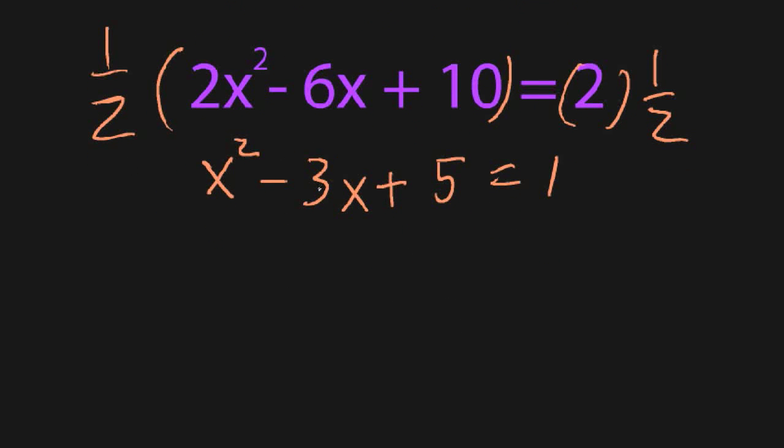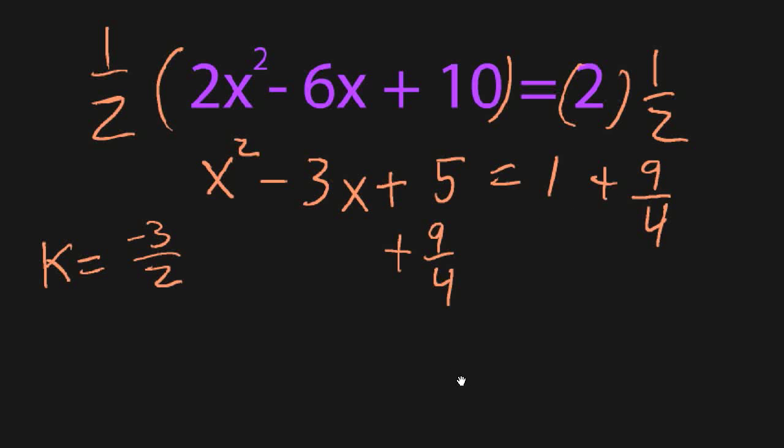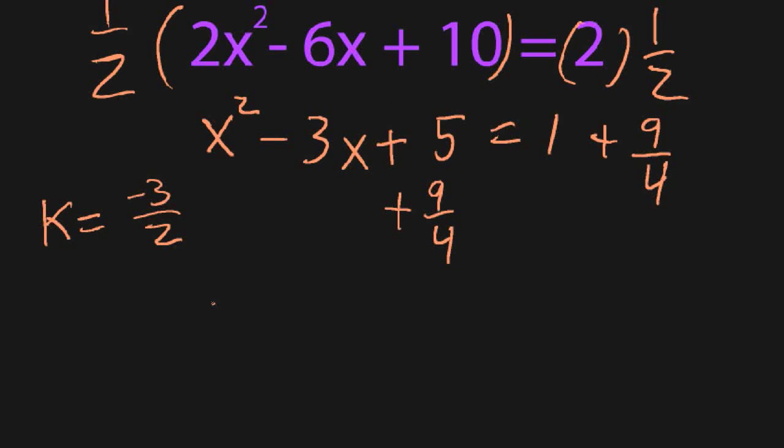So we look at what does k have to be? K has to be half the middle term. So that's going to be -3/2 in this case. K squared is 9/4, so we need to add 9/4 to both sides. You see, it's not uncommon for you to have messy fractions show up when you're completing the square, but it's just part of the game.